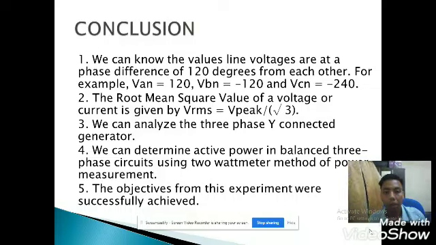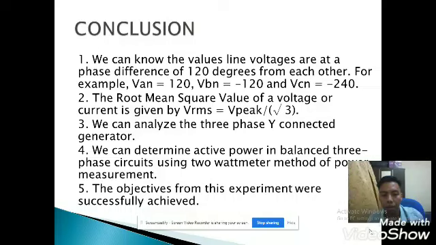Second, the root mean square of a voltage or current is given by VRMS is equal to VP divided by root 3. We can analyze the three-phase Y-connected generator. We can determine active power in an imbalanced three-phase circuit using the wattmeter method of power measurement. The objectives from this experiment were successfully achieved.